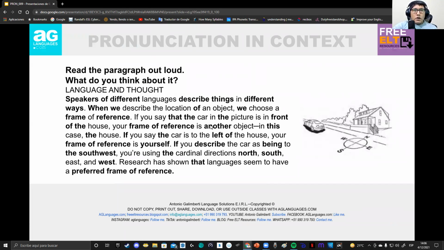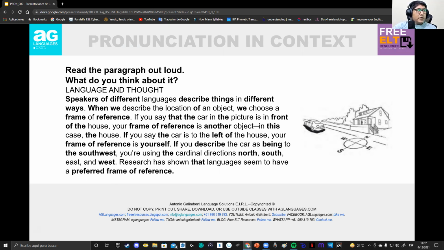If you say that the car in the picture is in front of the house, your frame of reference is another object, in this case, the house. If you say the car is to the left of the house, your frame of reference is yourself. If you describe the car as being to the southwest, you're using the cardinal directions north, south, east, and west. Research has shown that languages seem to have a preferred frame of reference.